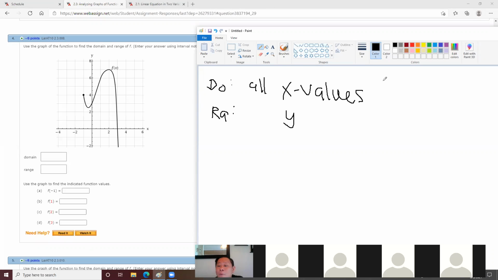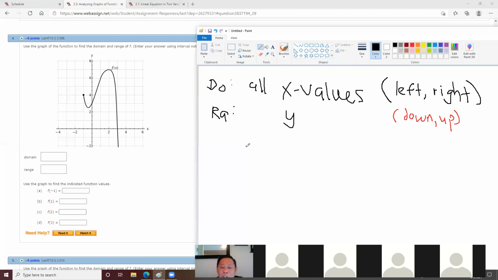So on the graph, when you find the domain, I always ask my students, how far left do you go, followed by how far right do you go? That is your domain. For range, I always ask the students how far down the graph goes and how far up the graph goes. So this is how you figure out your domain and range.